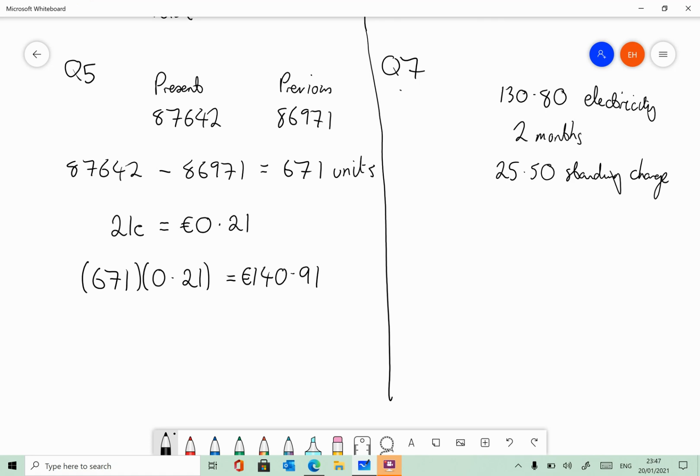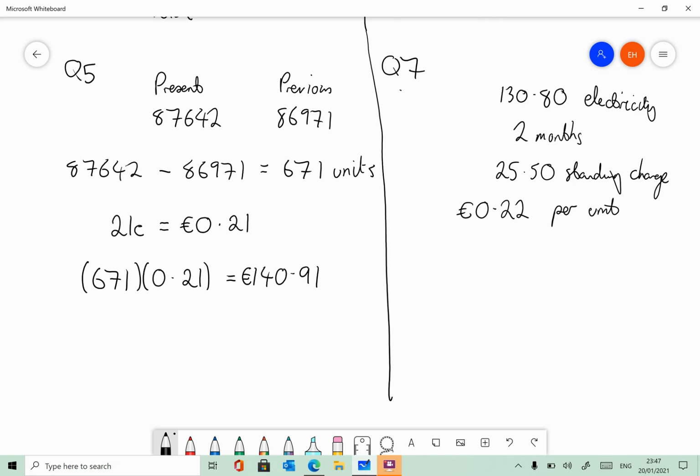And if each unit of electricity costs 22 cents, again, we'll put that into euro. And that's per unit. Find how many units were used. Okay. Right. So there's one red herring in there that I don't need.